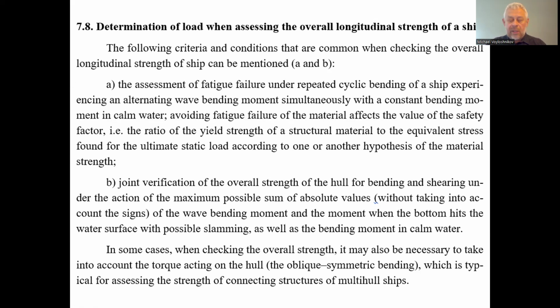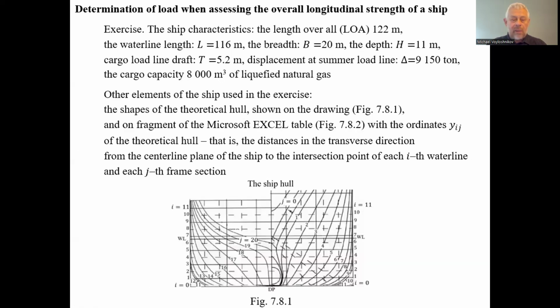So the connecting beams between the hulls of the multi-hull ship experience the oblique symmetric bending. So this could also be the subject of consideration of the general strength of the ship hull.